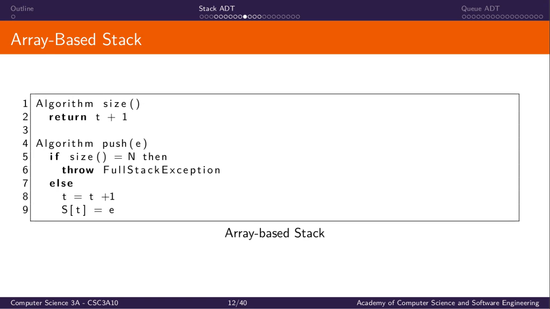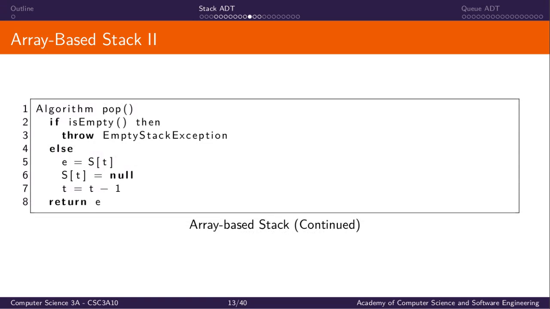You can think of it simply as zero indexing, so the last one will be 1 less than the number of elements. So if we want to push something onto our stack, because t is pointing at the index of the last element, we have to first increment t before we use that index. So increment t to t plus 1, then we store e at s[t].